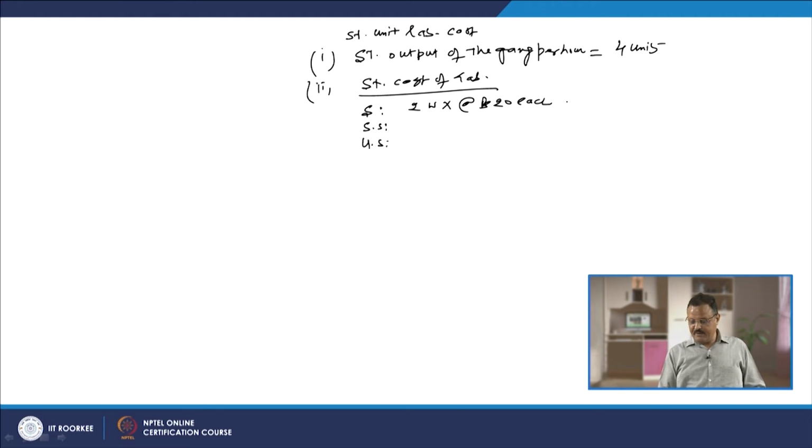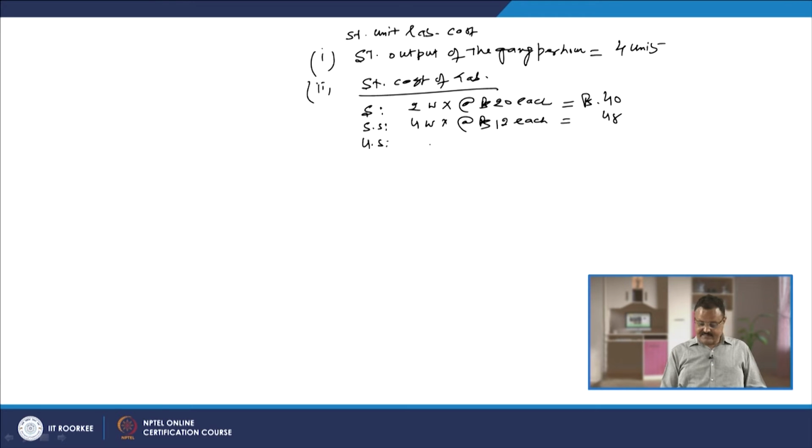So you are paying 2 workers at the rate of 20 each, which comes out as rupees 40. In case of the semi skilled, 4 workers, and the standard rate is 12 each, so this amount works out as 48.